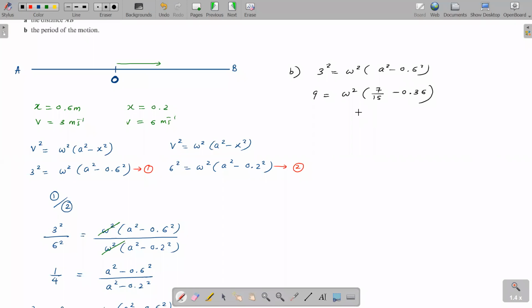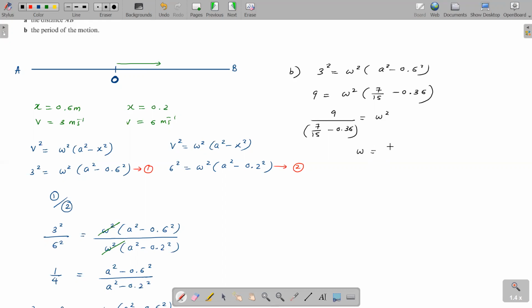Agreed? Okay, so it's a matter of making omega square the subject. Omega square is 9 over 7 over 15 minus 0.36. How much is the answer? So square root it, and you get the answer.